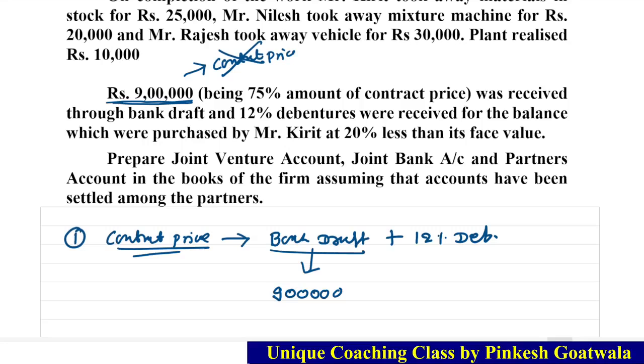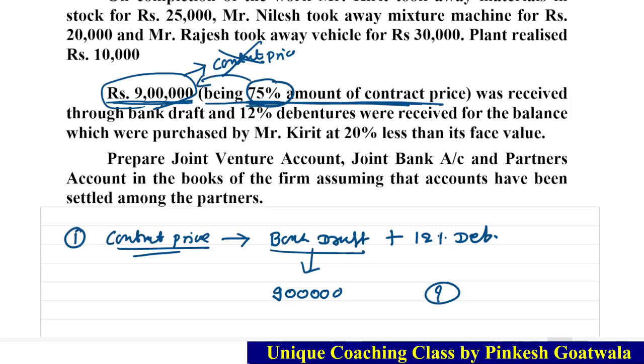So now what will be the amount of debenture? How will we get the debenture amount? Look here: being 75% amount of contract price. That is, this 9 lakh is what? What part of the contract price? It is 75%. Being 75% amount of contract price means this 9 lakh we received is 75% of the contract price.